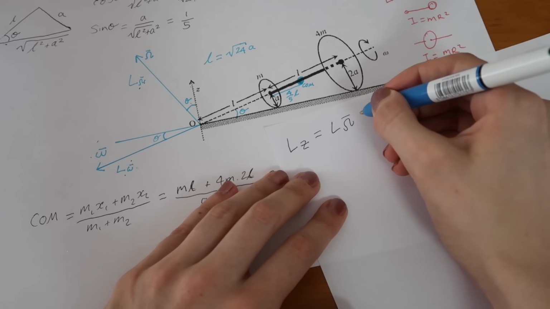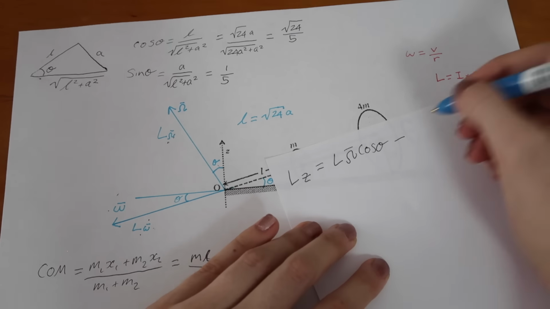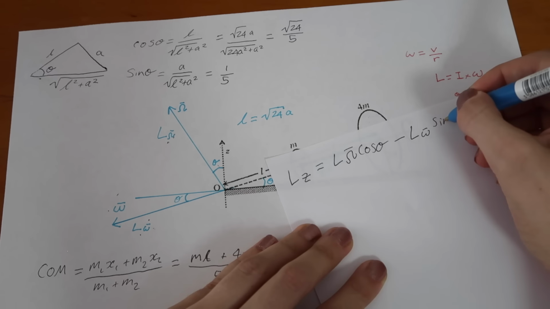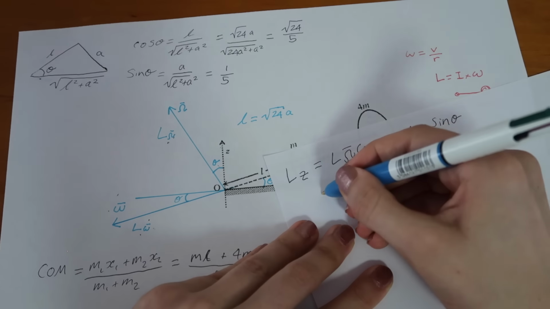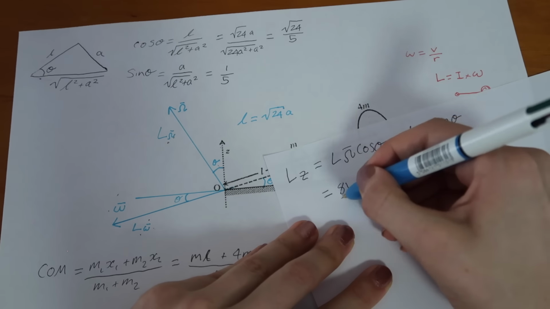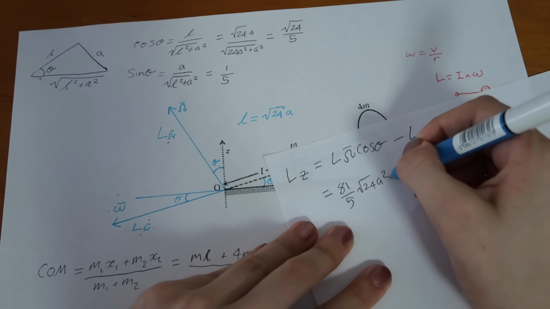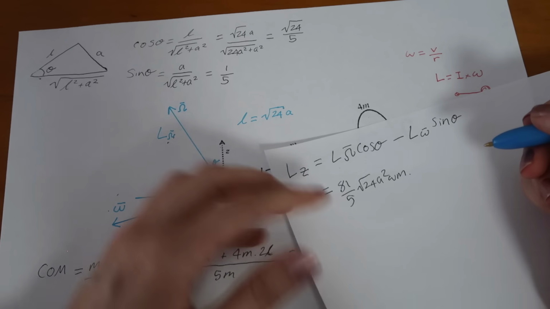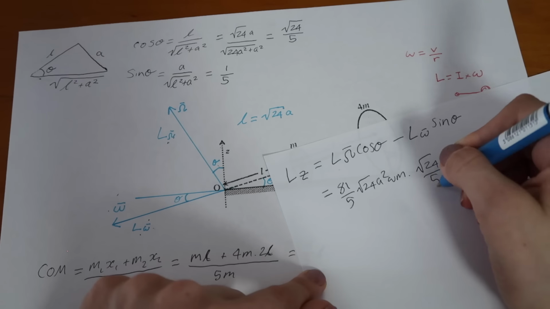So our Lz component is going to be L capital omega times cosine theta. Subtract from that L little omega times sine of theta. This was our answer to B, so we can substitute that in here, that 81 over 5 square root 24 a squared omega m, times it by cosine of theta, which we found out right at the start, square root 24 over 5.